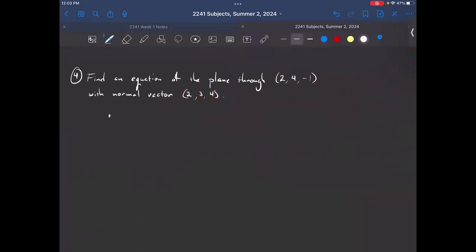Let me write down my equation for a plane. n dot (r minus r0) equals 0. Okay. Well, what is r0? That's my starting point. Oh, they give me a point that has to be on the plane. Okay, so let's take that as our starting point, as our r0. n is given to us, and that's it.